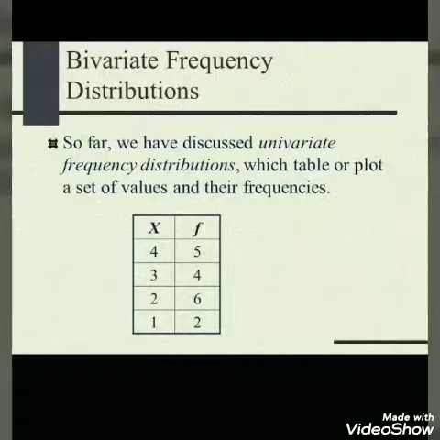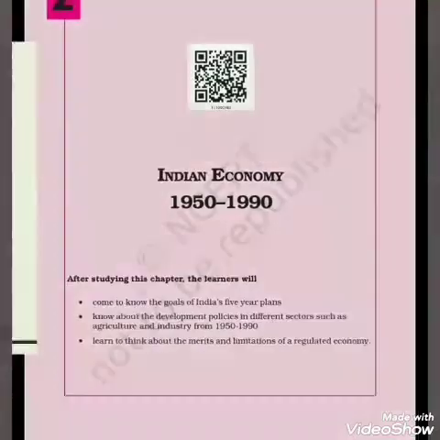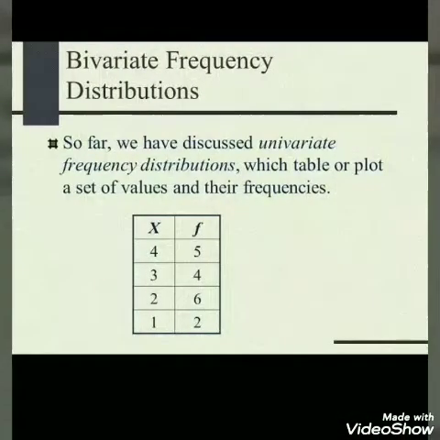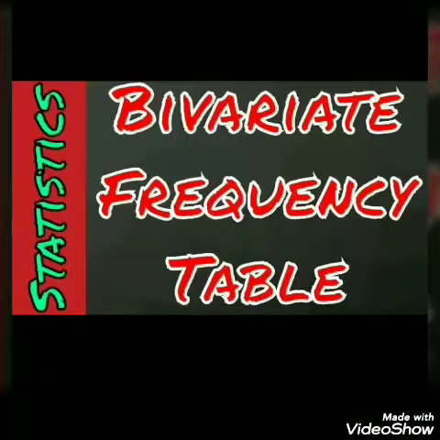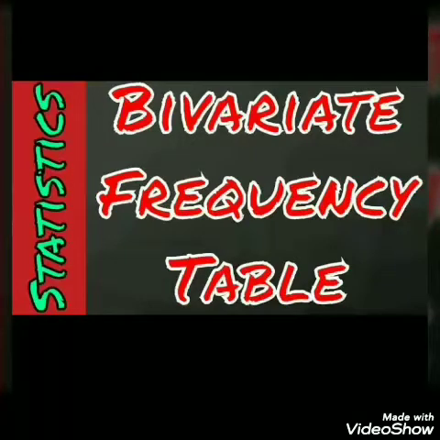Suppose the frequency distribution of two variables, sales and advertisement expenditure of some companies. The values of sales and advertisement expenditure are classified in two different ways, in rows and columns.